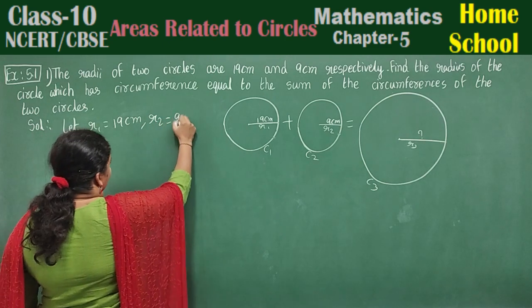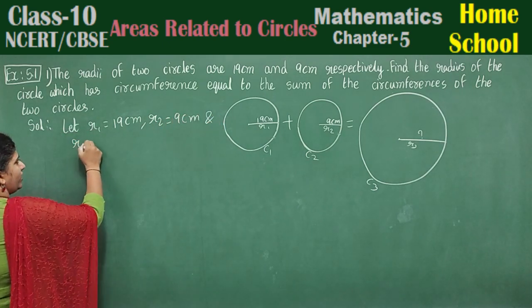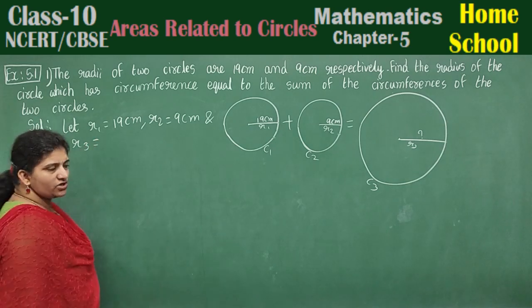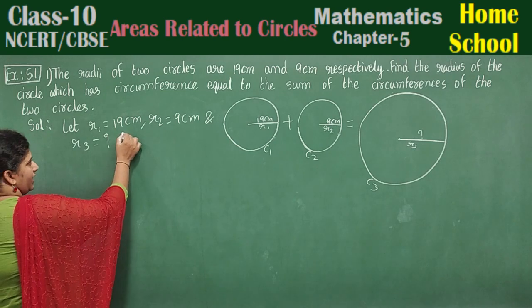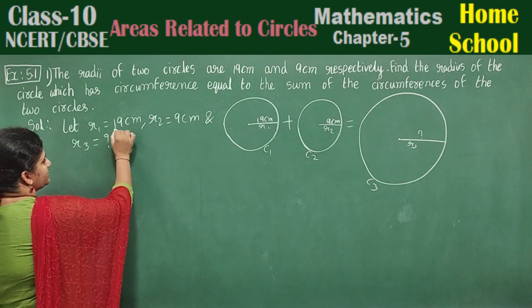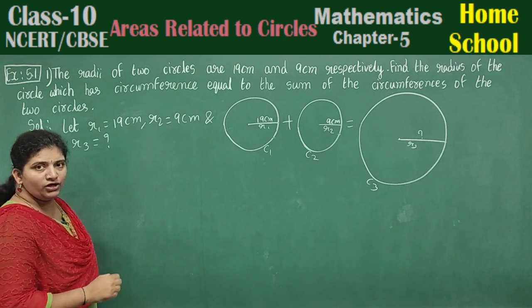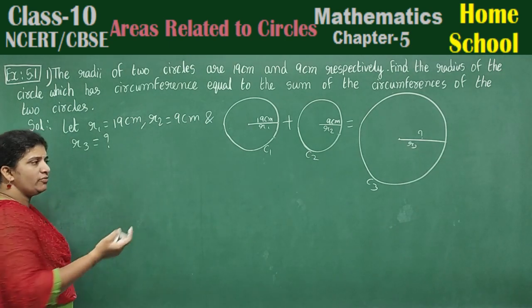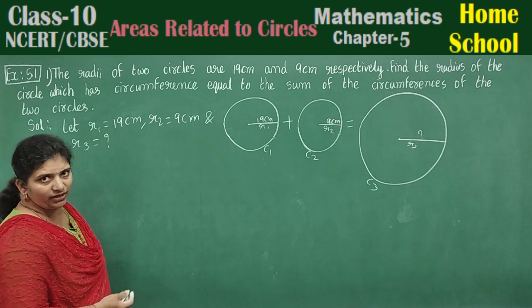R2 is equal to 9 centimeters. And R3, or simply R, you can write, R3 is equal to question mark. The radii of the first and second circles are 19 centimeters and 9 centimeters. You need to find the new circle. For the new circle you may take radius R, or R3 also, no problem.